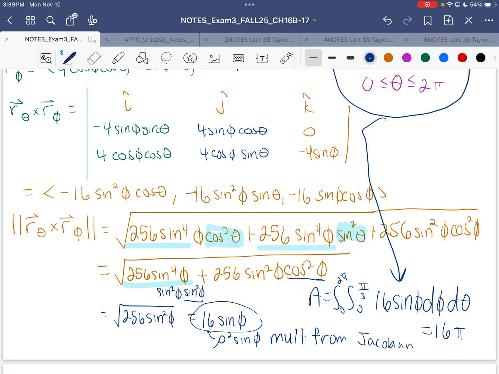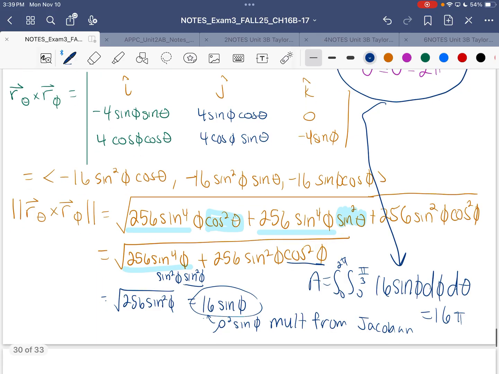But now you know how to do it if it isn't in spherical. If it's in U's and V's, that's how you would have to do it. And the U's and V's are probably not going to be as aggressive of simplification as that. Okay. Good times. That was really good timing.